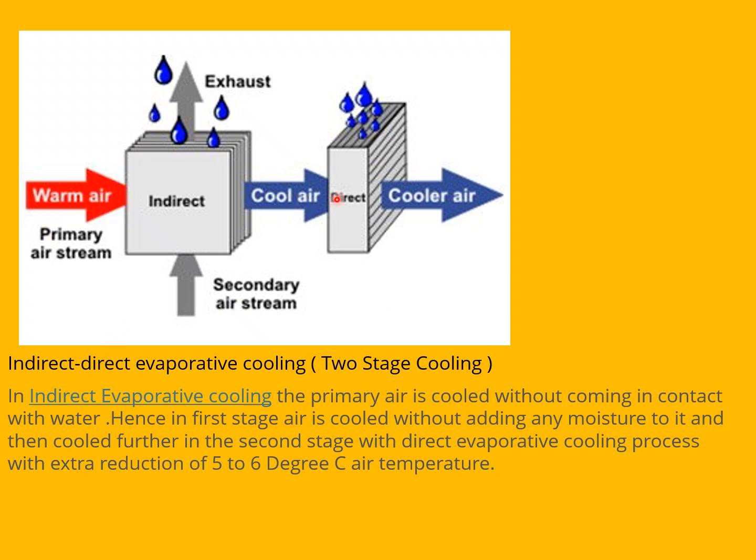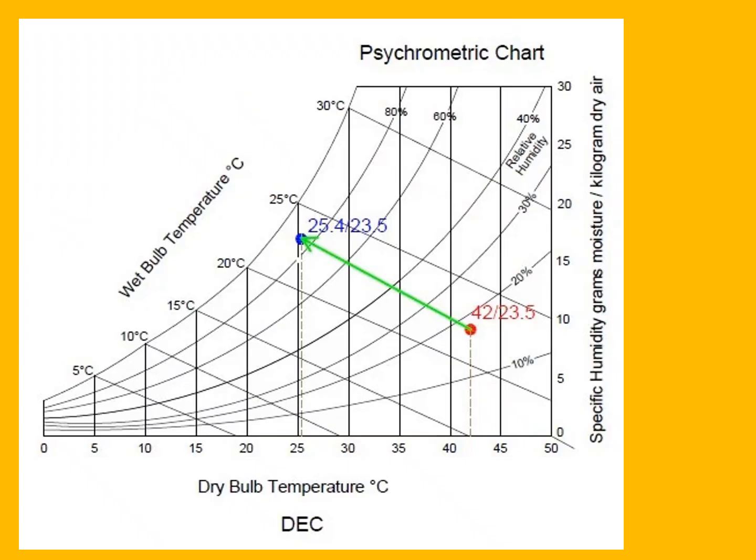This is through primary, and there is a secondary air stream which goes vertical and gets adjusted, with the help of evaporative cooling.